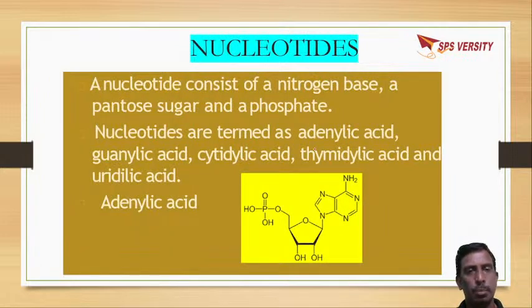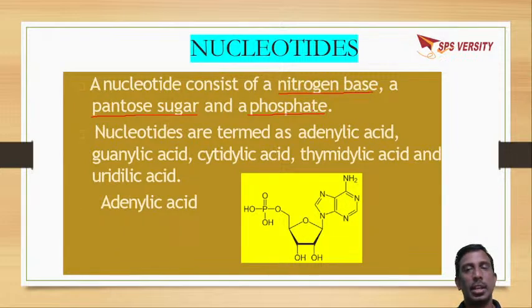So the simplest component we discussed is the nitrogen base. The next is the nucleoside and the next is the nucleotide. A nucleotide has 3 components. It consists of a nitrogen base, a pentose sugar, and a phosphate molecule.